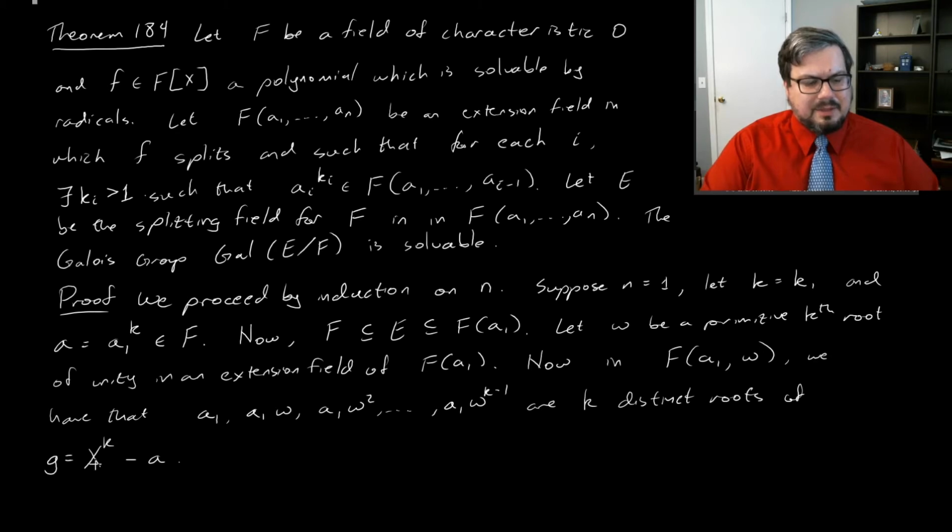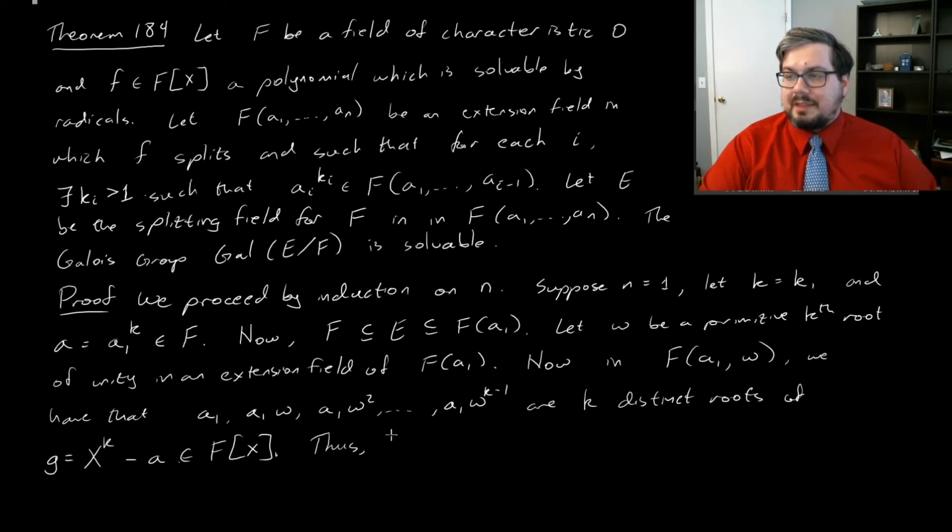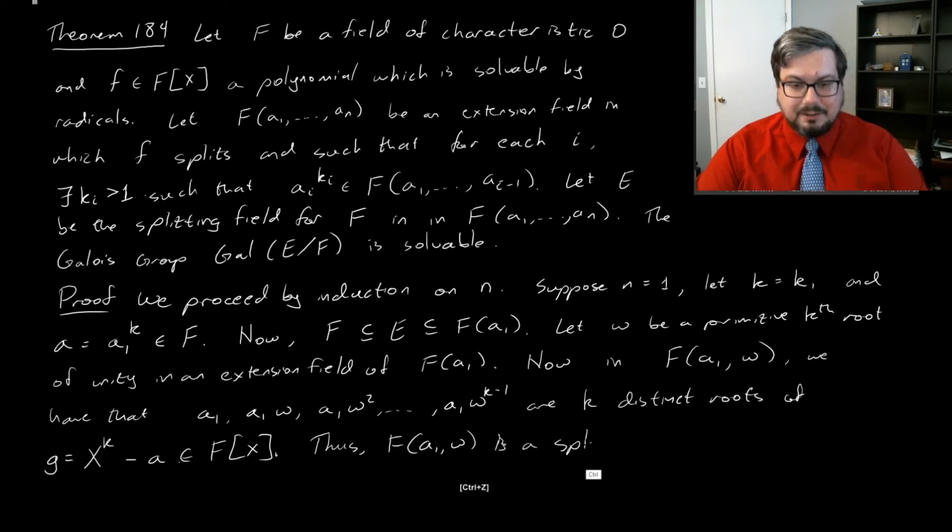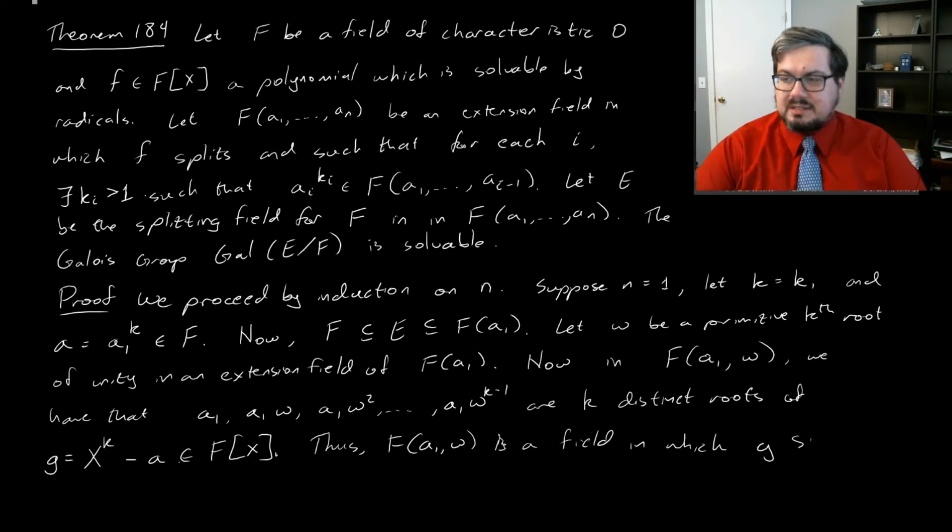And let me call this polynomial g, and this polynomial belongs to the polynomial ring over the field F. And so thus we have that F(a1, omega) is a field in which g splits.